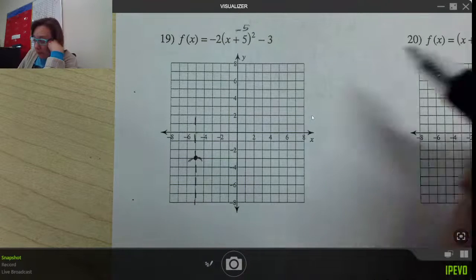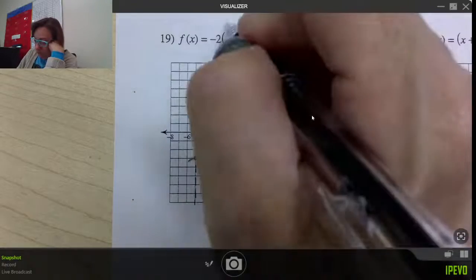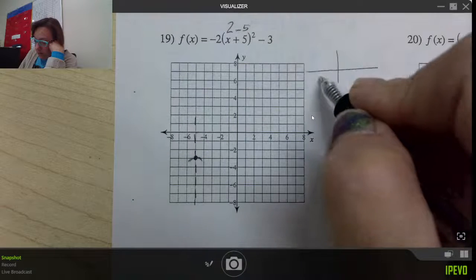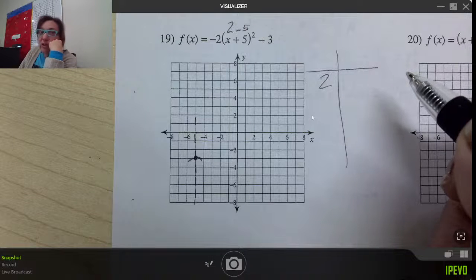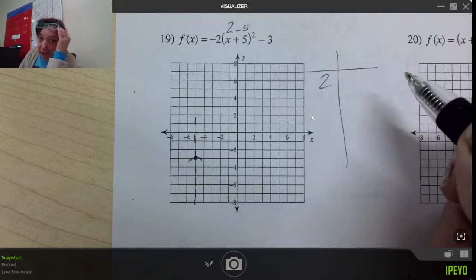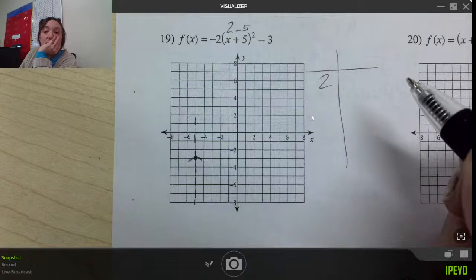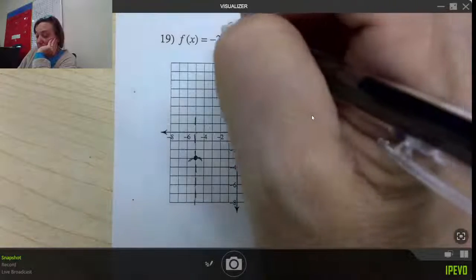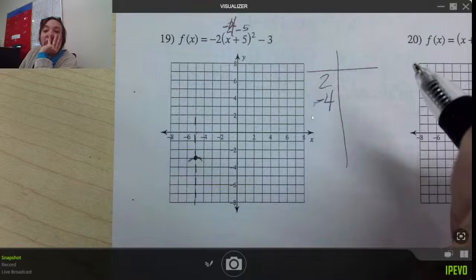And then let's pick a point and throw it in there. 2. So 2 minus 5 is -3 squared times 2. Yeah, that's too big. So we've got to use a negative number. We could try -4. So try -4 in there. -4 minus 5.